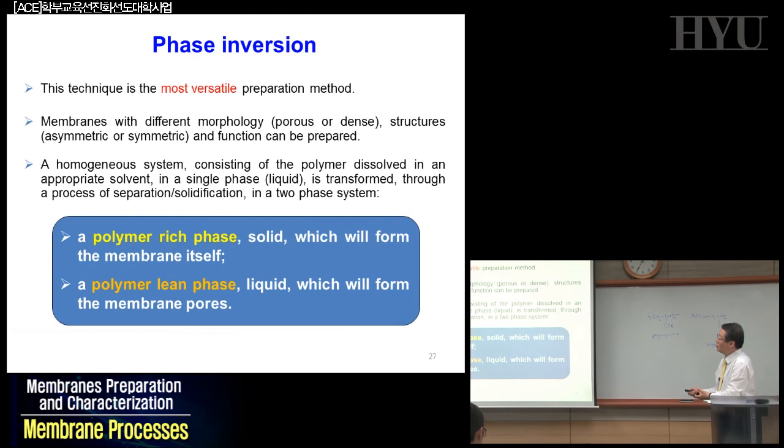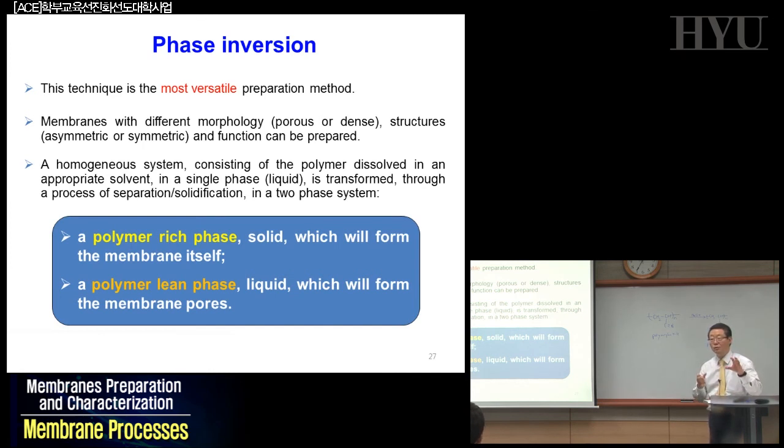Usually, when we use this phase inversion, polymer is used mostly. And we have a polymer-rich phase and a polymer-lean phase. Okay, less polymer phase, in other words. Polymer-rich phase will make the membrane. Polymer-lean phase will make a pore. Okay? Because polymer usually is dissolved in solvents.